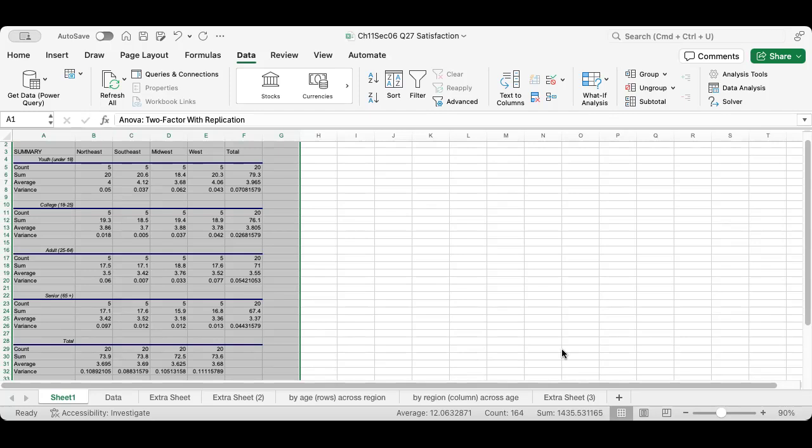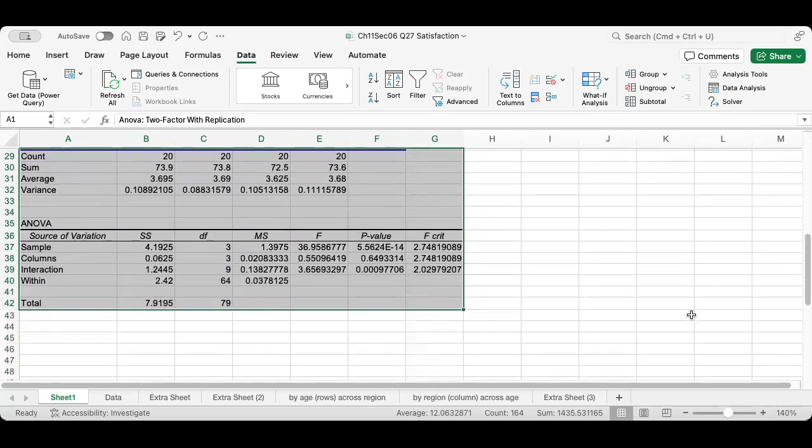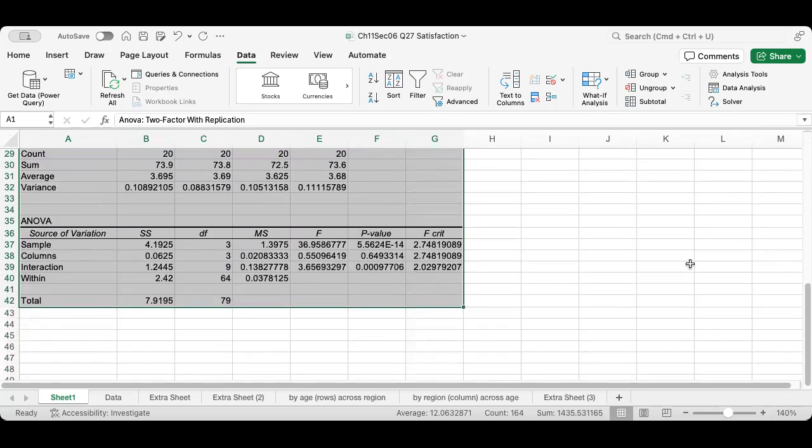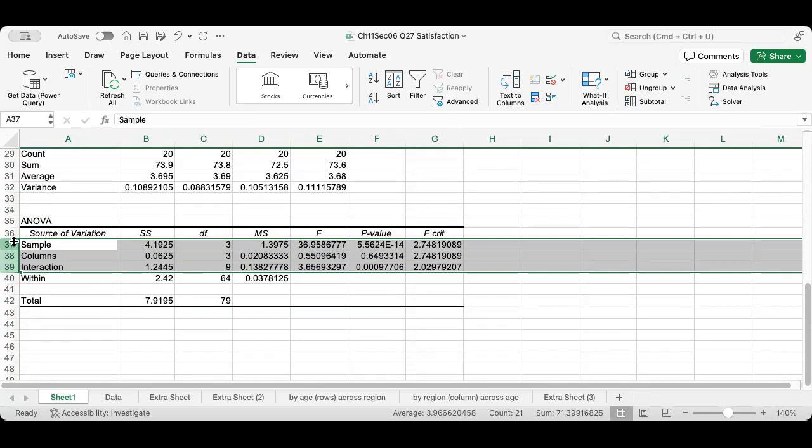Let's look at the actual ANOVA results themselves. All right, wait a minute. Have now another listed p-value. The p-value I have now includes an interaction effect.